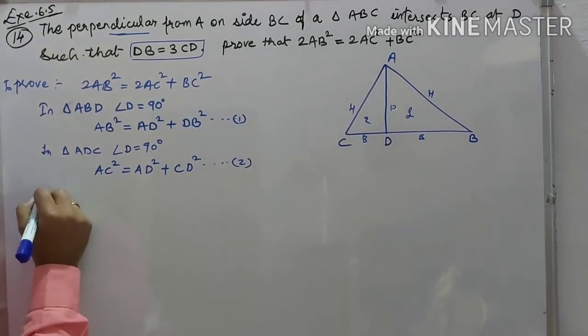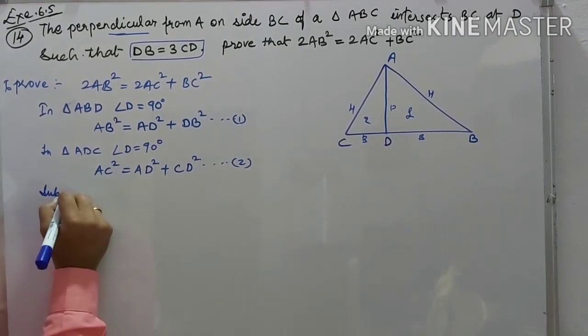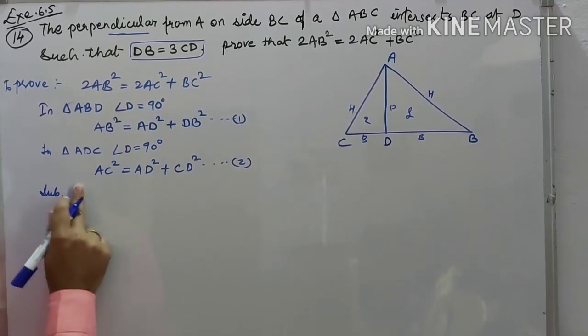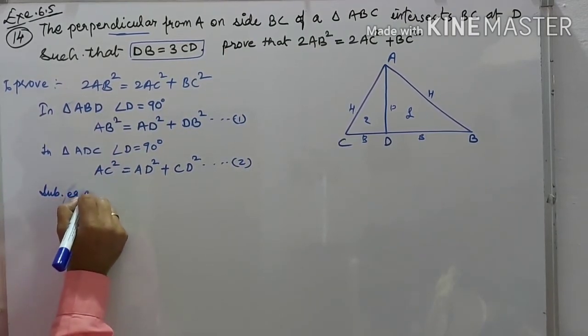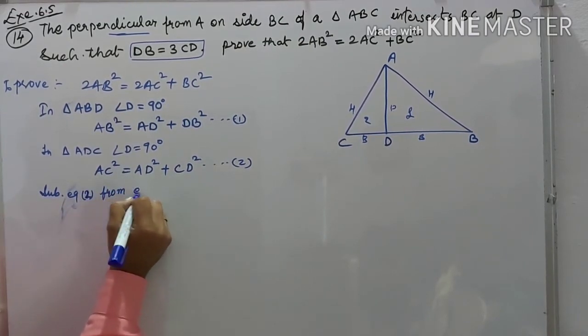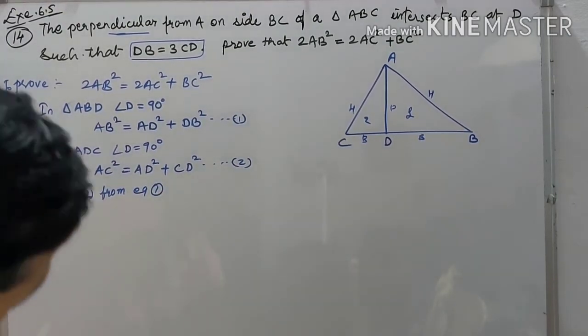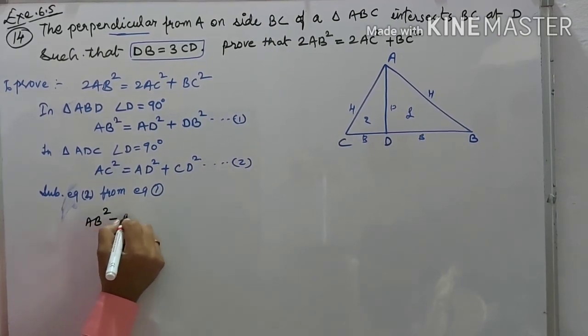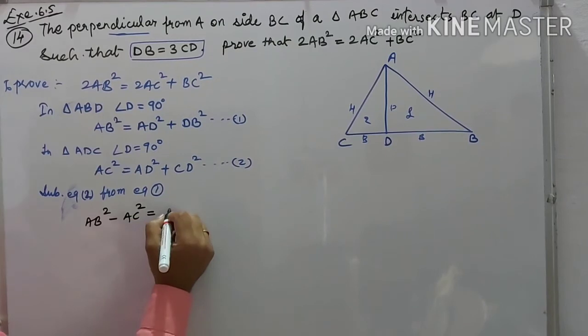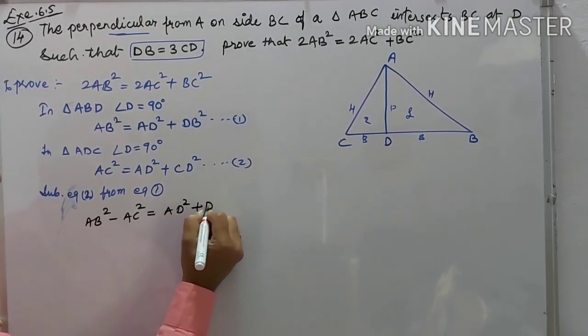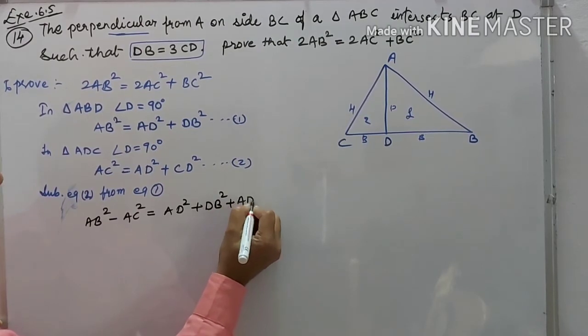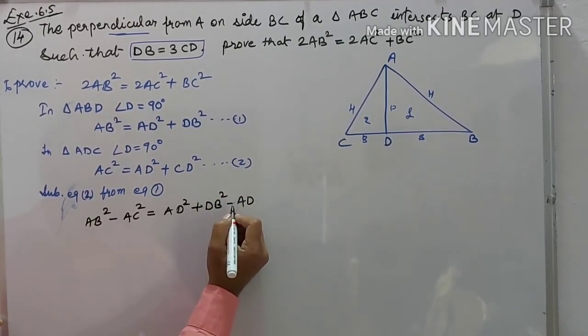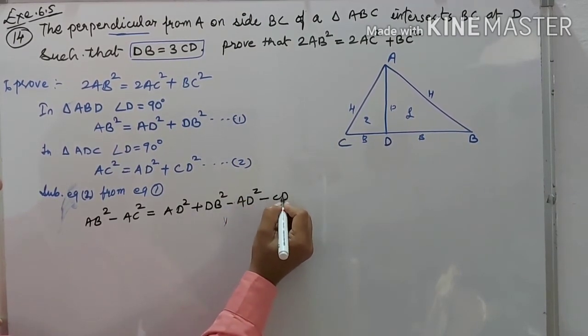So you subtract equation 2 from equation 1. Now, subtracting, you write AB square minus AC square is equal to AD square plus DB square minus AD square minus CD square.